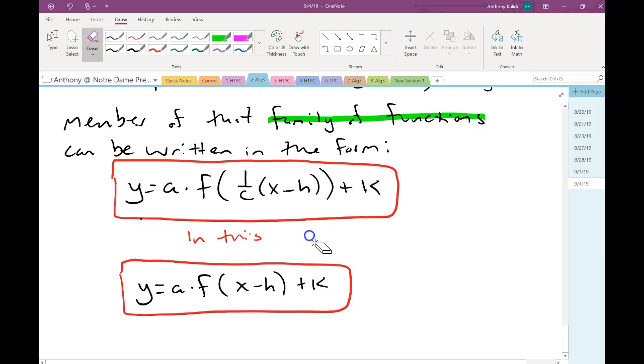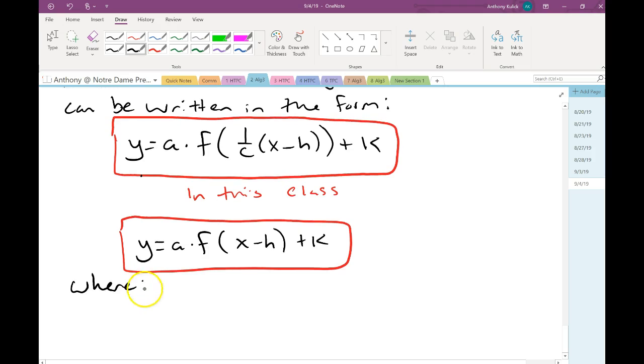But in this class, we're only going to really be worried about situations where that c is 1, basically, or where there is no 1 over c rattling around in there. Now, these values for a, h, and k tell us about the kind of transformation taking place.